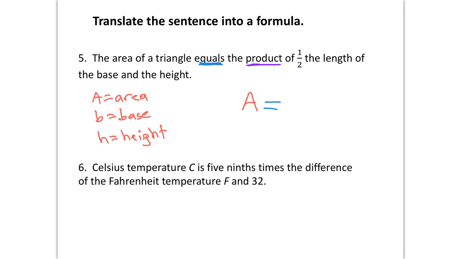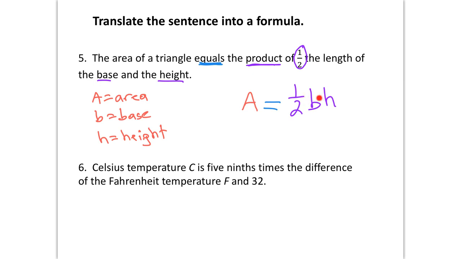So I'm going to multiply 1/2 the length of the base and the height. So I'm going to start multiplying 1/2 times the base times the height. So I am multiplying those 3 different things. Now notice that I'm not using anything in between.